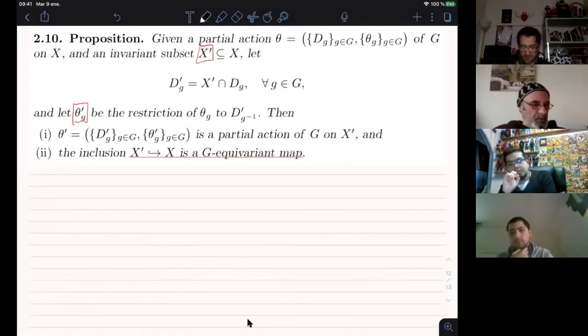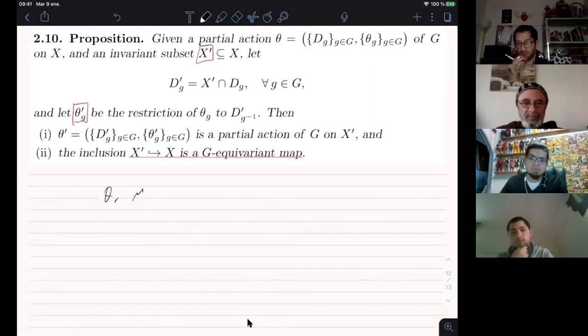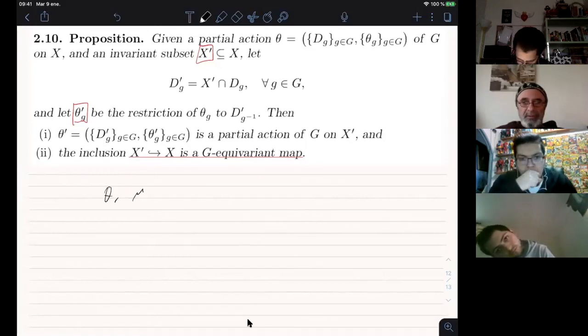I think so, because if we have two actions like theta and mu, we have to change some of the conditions. For example, I think that we need something like... well, Diego, you should ask Victor something more.